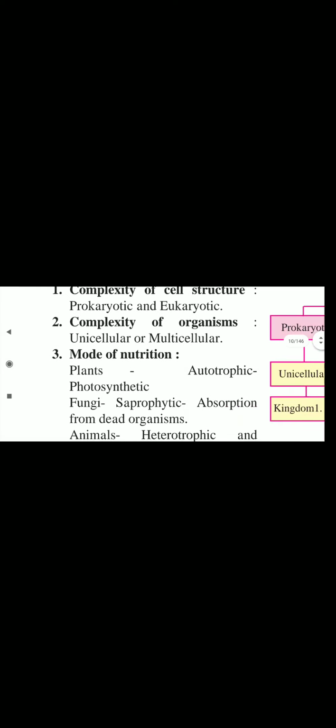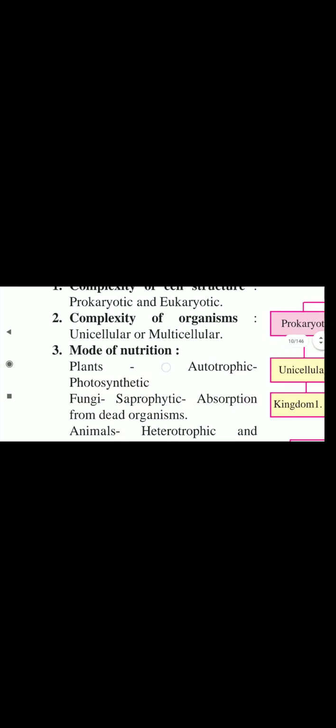Secondly, he used the complexity of the organism. Is it unicellular or multicellular? Unicellular animals like paramecium and amoeba are unicellular. And multicellular animals include we human beings, elephants, all the animals. So secondly he used the complexity of the organism to classify living organisms.